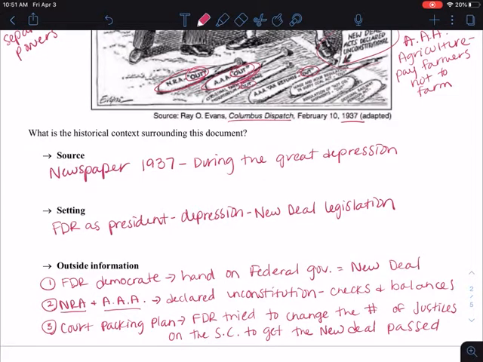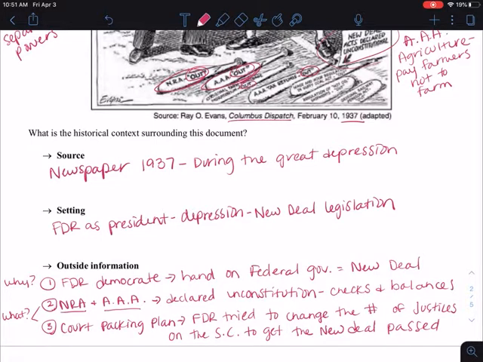And we want to make sure that we have those three pieces of information in our short essay somewhere along the lines of mentioning why FDR was doing what he's doing. This is the why. And then these are specifically the what he was doing. So that clarifies a little bit.